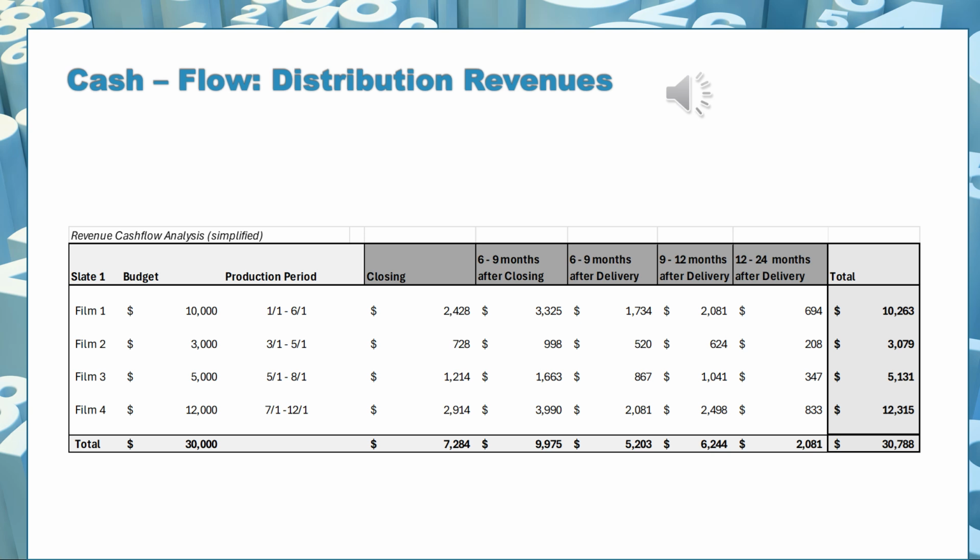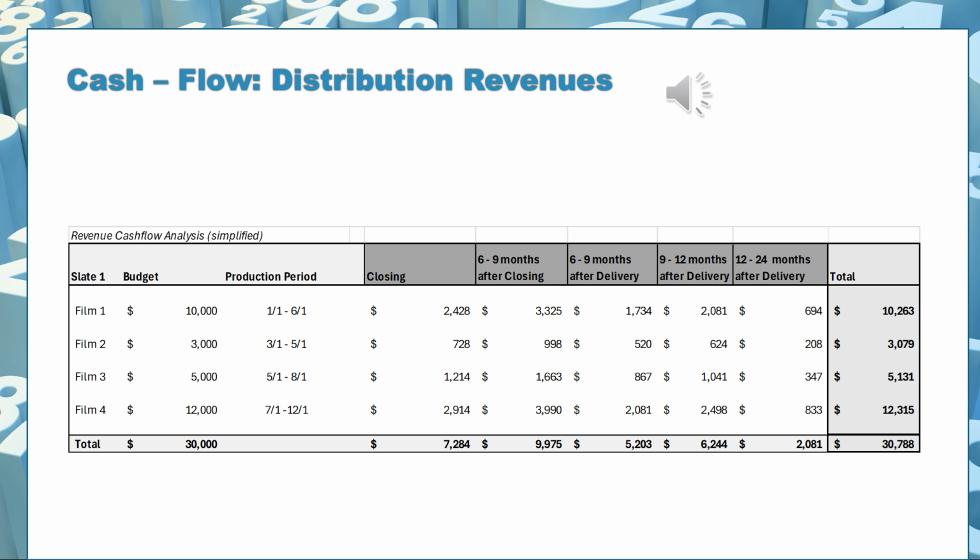In the next 6 to 9 months, we're generating the US of $998,000. After that, we're generating more money from the international market, $520,000, and then 9 to 12 months after delivery, again we're getting $624,000 from international, and then 12 to 24 months we're generating the balance of $208,000. So our $3,079,000 again here is spread over a time frame of 24 months.